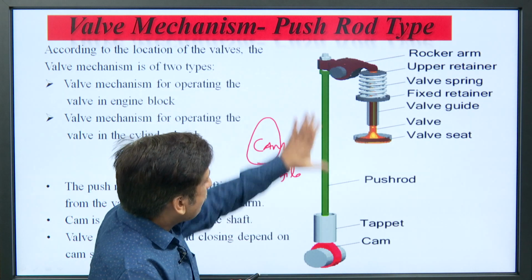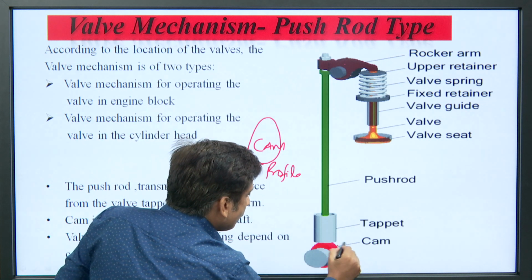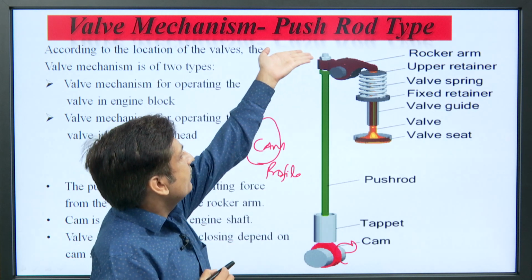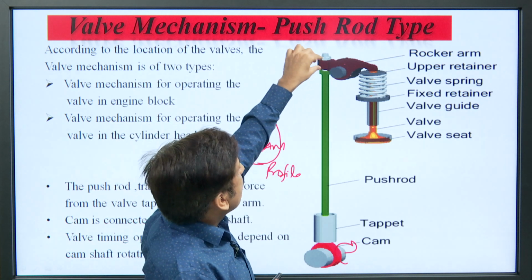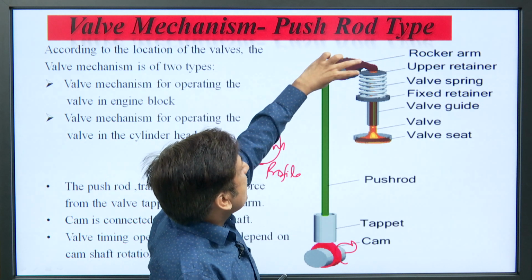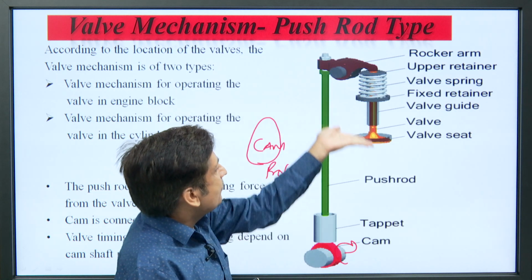This follower part is called the push rod. When this end comes, it gets lifted, and because of the lift it has a swing motion about this axis, the spring is compressed and the valve is lifted.